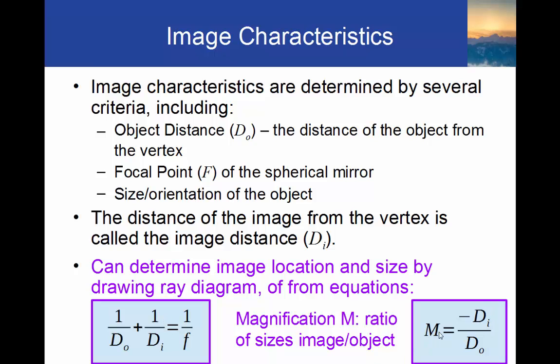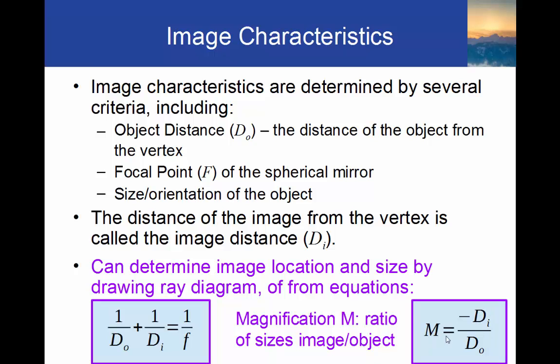Then you can get the magnification by using negative di over do, distance of image over distance of object, bearing in mind that if the image forms a real image, you're going to have a positive number for this. If it's a negative, then this one will be a negative number.